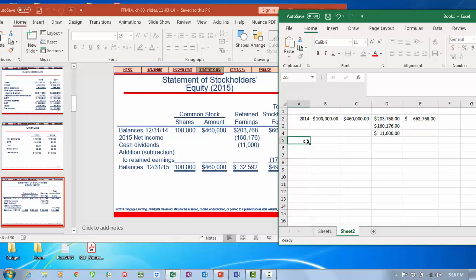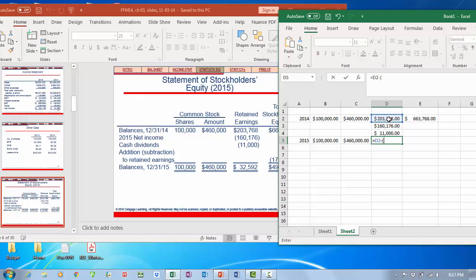Now remember, after the loss and the dividend that's been paid out, in 2015 the balance is going to be the same for shares. Nothing has changed. Stock amount has not changed because you did not sell or add any more stocks. The cash in hand figure obviously has changed because you have to take care of the losses and the dividend that's been paid out.